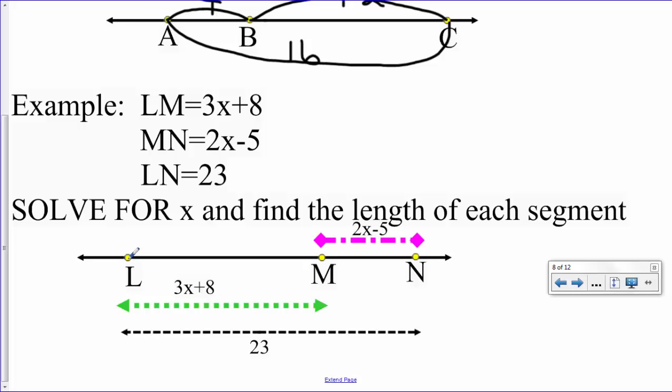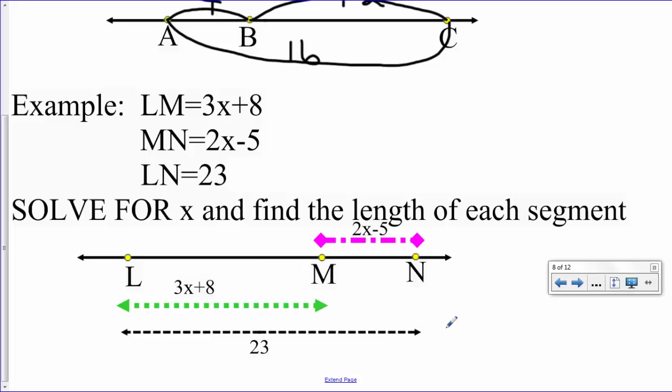If we take a look at the drawing, the length from L to M is 3x plus 8. The length from M to N equals 2x minus 5. And the length of the entire segment is 23. We can do the same idea as the previous example.